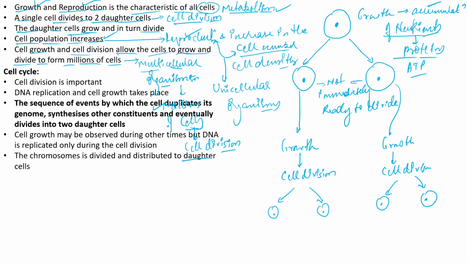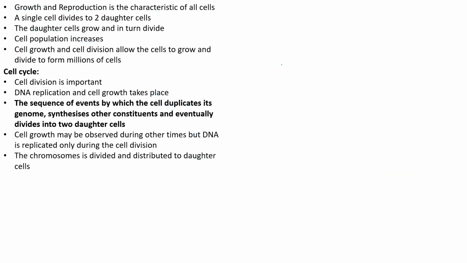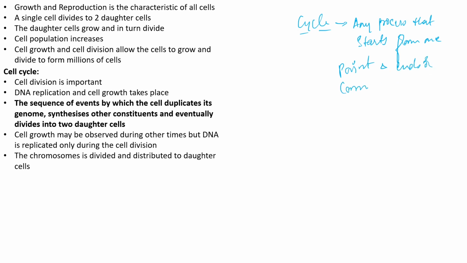But we have one more term, called the cell cycle. Generally, if we use the term cycle, what do we mean by cycle? A cycle is any process that starts from one point and ends or comes back to the same point again.